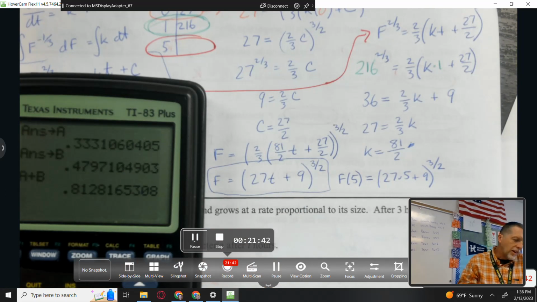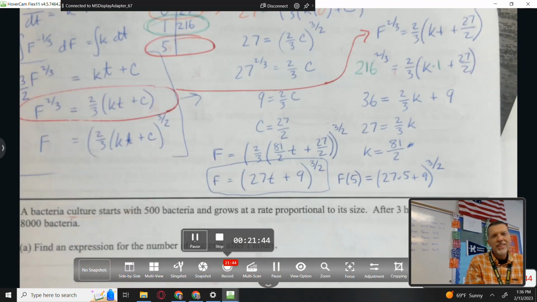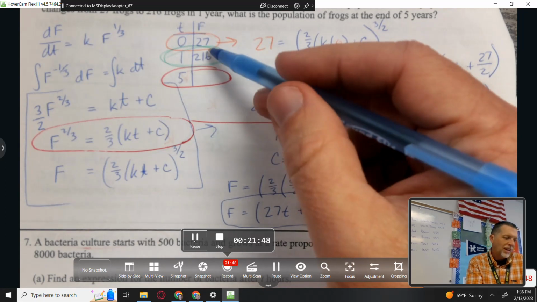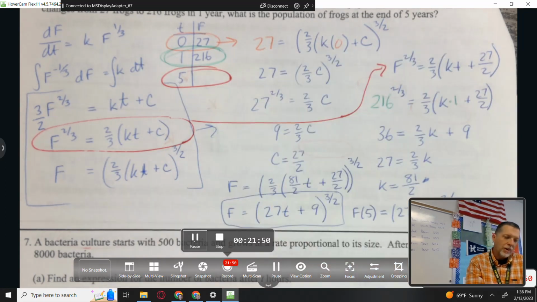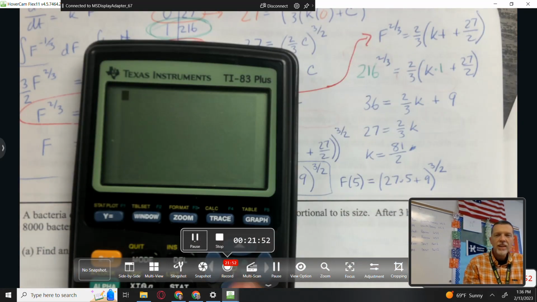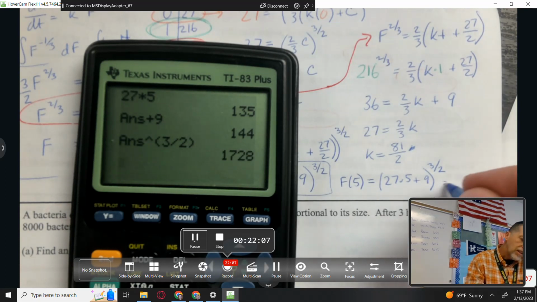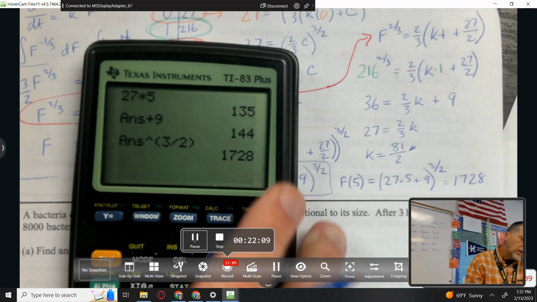Well, except that I kind of do, because I want to see if my answer makes sense. It should be significantly bigger than 216. Well, I can figure that out. 27 times 5 plus 9 is 144, a convenient number to raise to the 3/2. 1728.